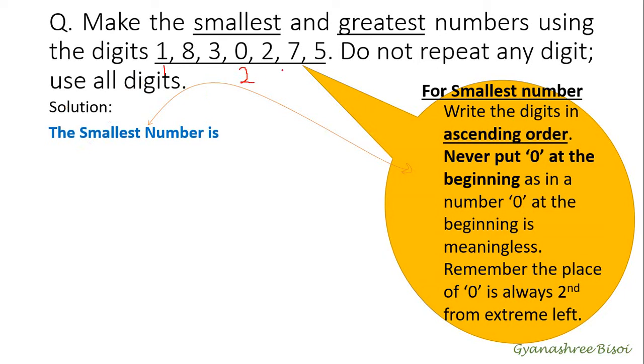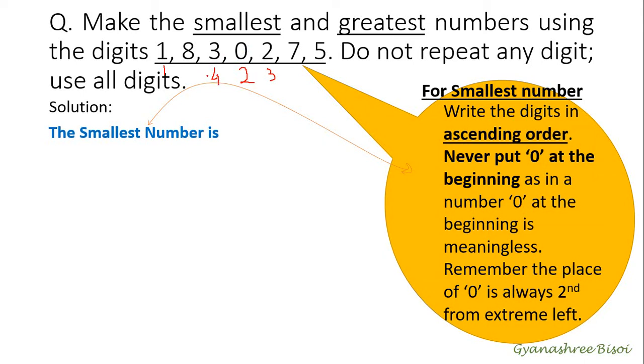Then who will be at the third place? The next number is 2. 2 will be at the third place. Then after 2 we are writing in increasing order, so next comes 3. So 3 will be at the fourth place from the left.